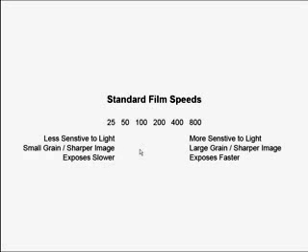The quality of the developed film is directly related to this grain. So film with large grain will be of lesser quality than film with very fine grain. High quality film, i.e. slow film, like the kind used for portraits, is made with very fine grain, which makes it less sensitive to light and requires more light to expose it. Film with large grain is more sensitive to light, so it's considered fast film and requires less light to expose it.